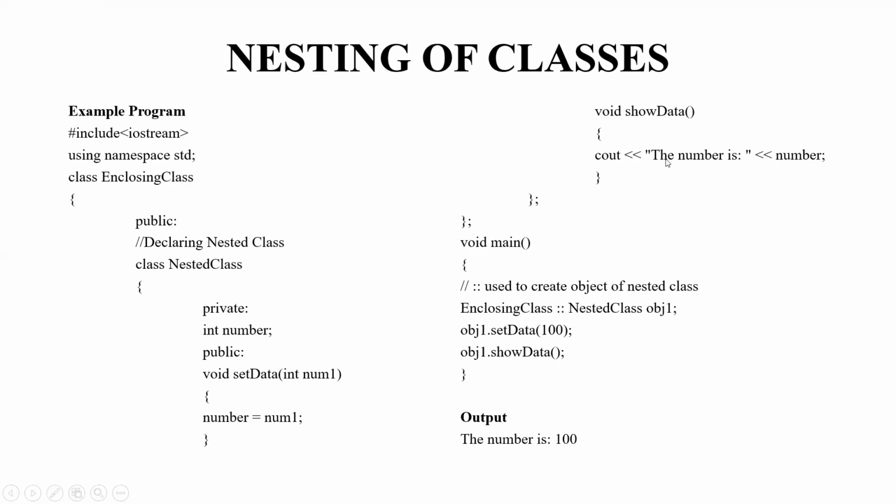The show data method is used to show the number. Then the main method contains your outer class, enclosing class, colon, scope resolution operator, double colon, nested class. For that nested class, we create an object. Object one dot set data method we are calling, and the show data method we are calling. So it will print the number is 100.